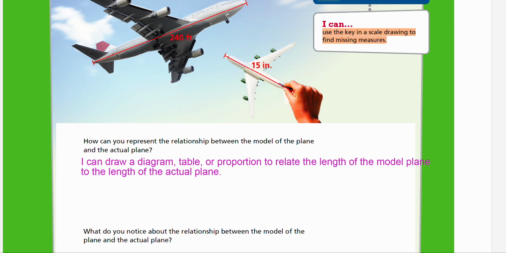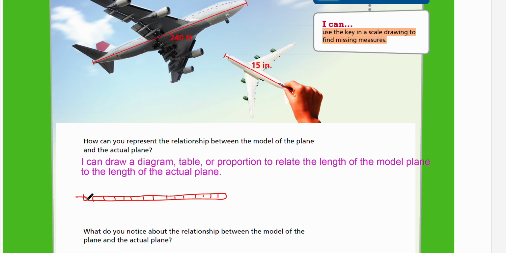A table is also a type of diagram, but for a diagram, for example, you can have 1, 2, 3, 4, 5, 6, 7, 8, 9, 10, 11, 12, 13, 14, 15.